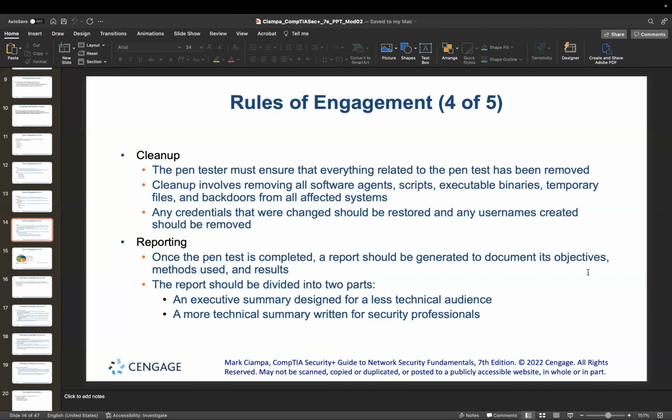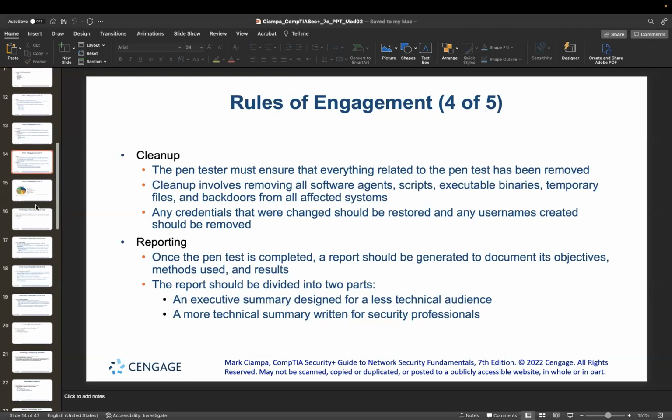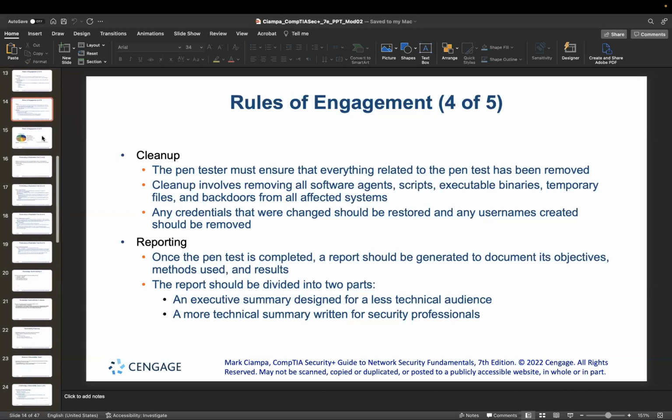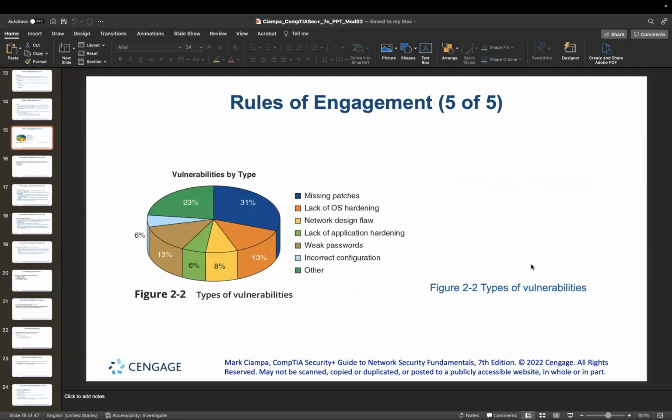The internal pen testing team or internal security personnel you have are closest to the topic and subject, and therefore they are going to have the best understanding of what needs to be done and how it needs to be done. So they're going to be at the forefront of the engagement.